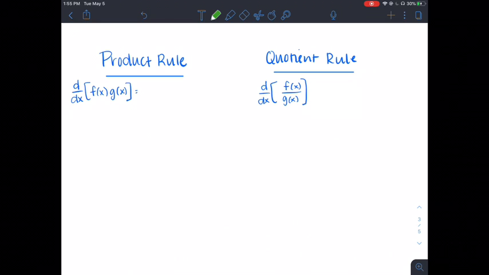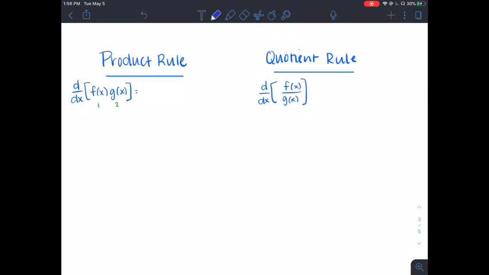Product rule is when you're asked to take the derivative of a function times another function, when you have a product of your functions. So it's something like this: d dx of f of x times g of x. We have a nice little ditty to help us. I'm going to call them function 1 and function 2.